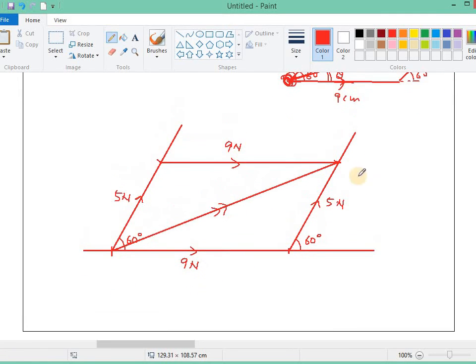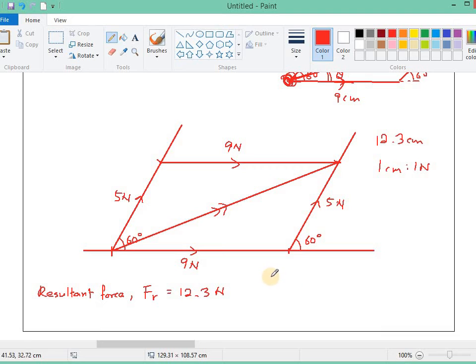Okay, so the resultant force is 12.3 Newton. Why 12.3 Newton? Because it is 12.3 centimeter, and 1 centimeter represent 1 Newton.